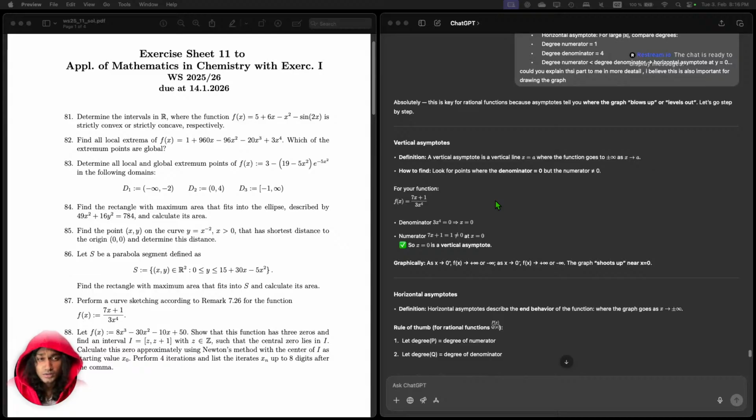What other cases? 7x plus 1 equals 1 when x equals 0, so x equals 0 is a vertical asymptote. Graphically, x approaches 0 plus, f of x goes to infinity.